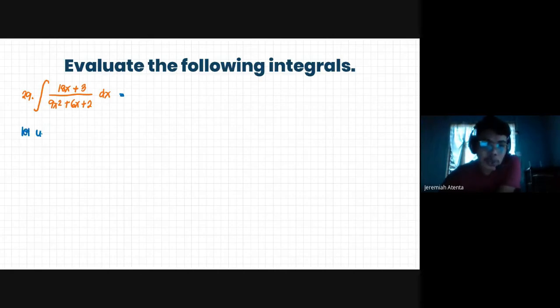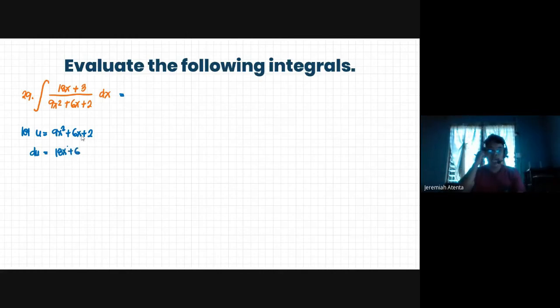Okay, so we will let u be equal to 9x squared plus 6x plus 2. So this will become du equal to 18x plus 6 dx. Ayan. So we need 18x plus 6.